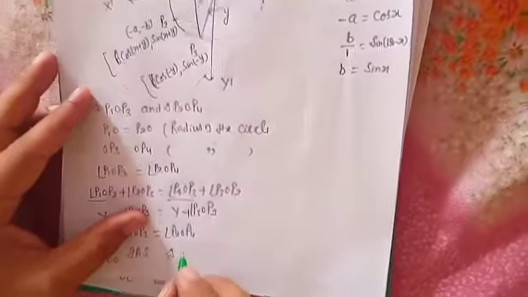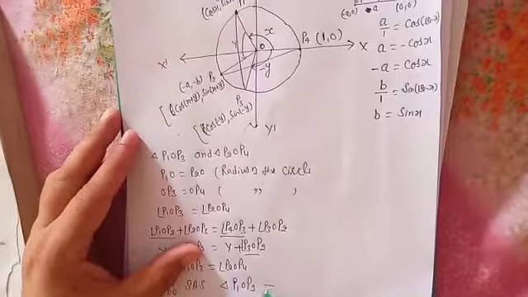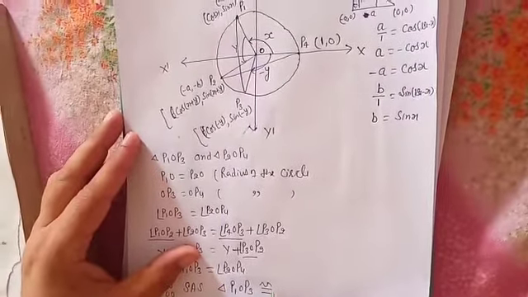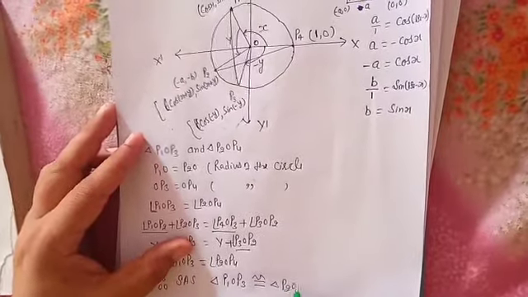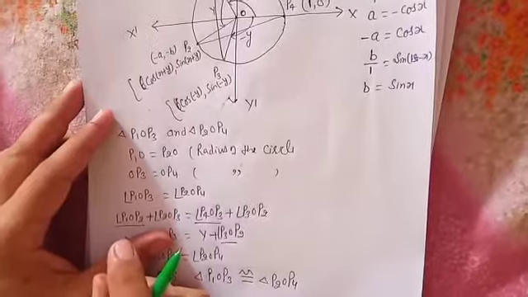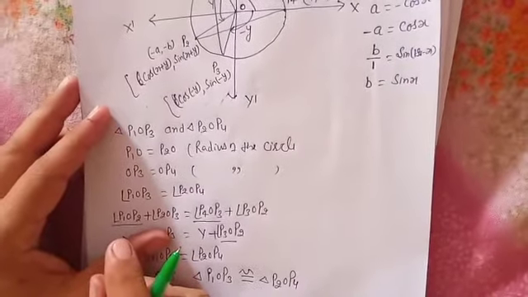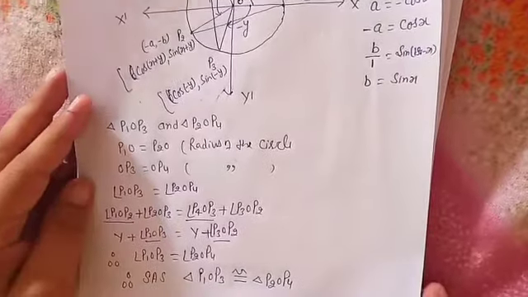Triangle P1OP3 is congruent to triangle P2OP4. So what's its meaning?